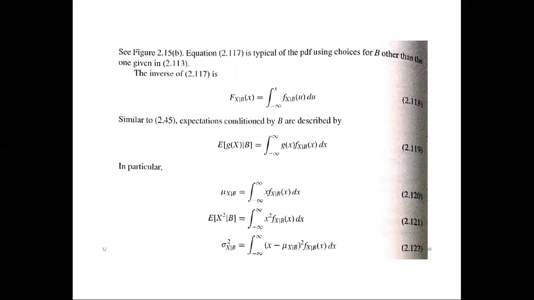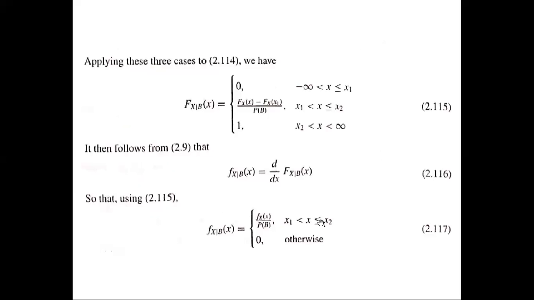Okay. So continuing from there, whatever we have written here is the differentiation. If you take the inverse of this, then the conditioned CDF will be the integration of the conditioned PDF.